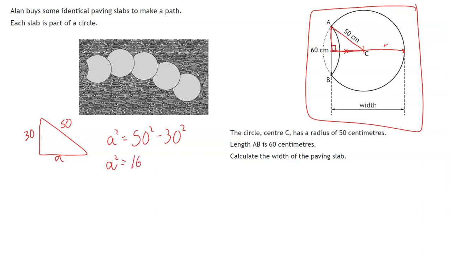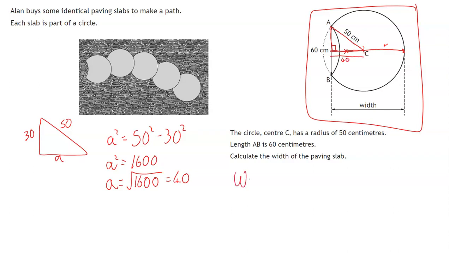That then gives me 1,600. So I can use this to calculate A by taking the square root of it. So I know that A is going to be the square root of 1,600, which in this case is going to be 40. So I know the length of the bottom of that triangle, which represents this length here from the edge to C, is going to be 40.